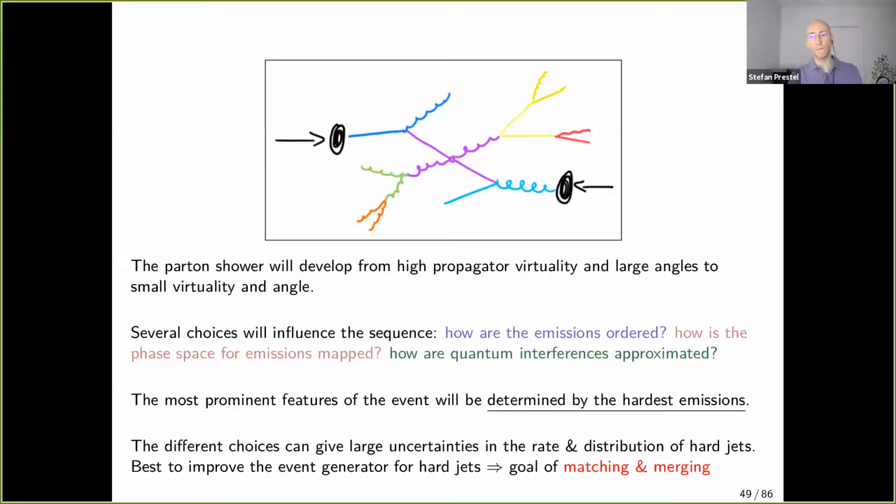So if you want to be as agnostic to the choices in the shower as possible for the distribution of the very hard, very high energy emissions, on very well angular separated emissions, it's best to improve the event generator, best to improve the shower beyond the approximation that we've used to derive the Sudakov form factor and the evolution equation. And this is the goal of a field called matching and merging.